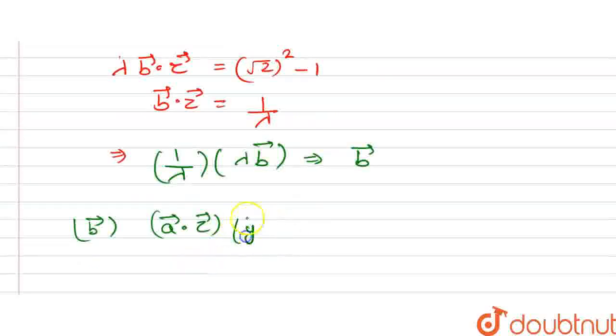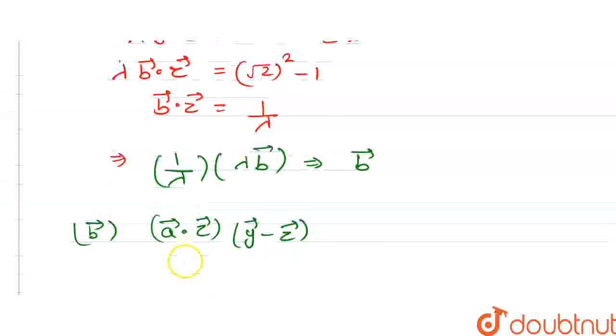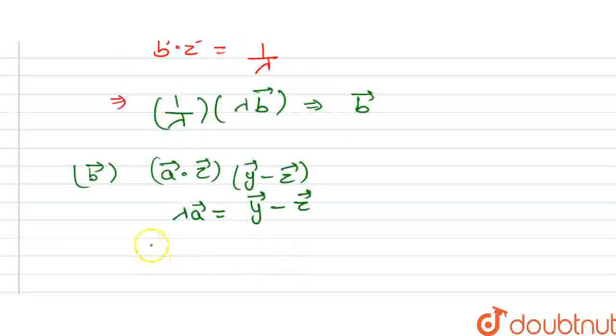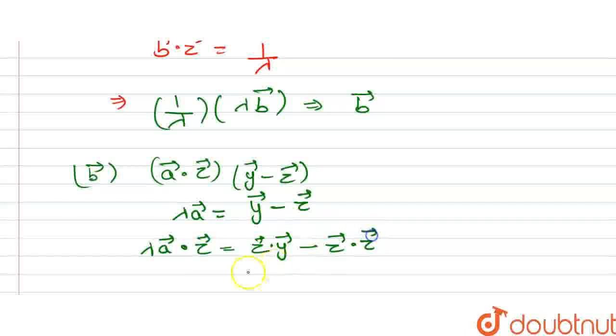So we have lambda a vector is equal to y vector minus z vector. So multiply it with z vector according to our question. So lambda a into z vector, this will be equal to z into y vector minus z into z vector.